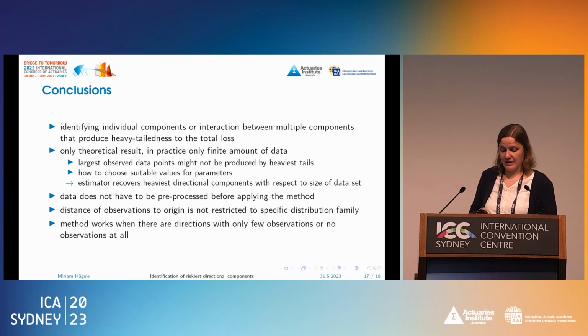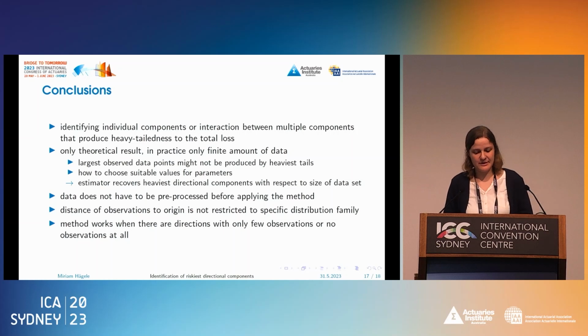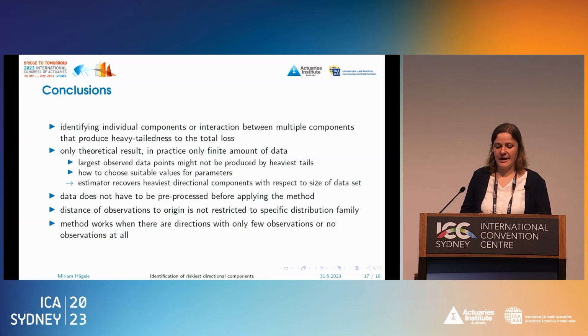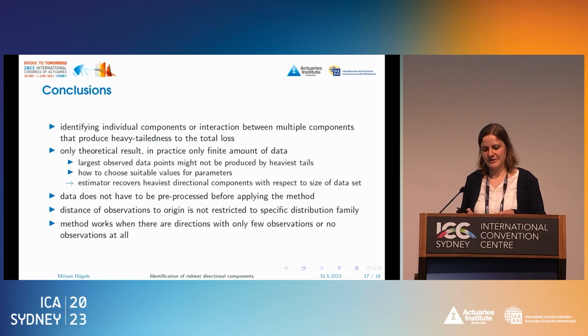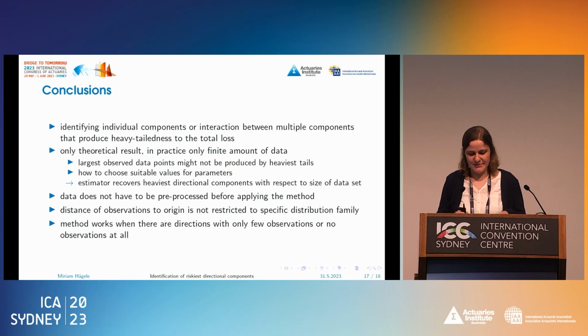But there are also a few nice things about this method. The data does not have to be pre-processed before applying the method. Also the distance of the observations to the origin is not restricted to a specific distribution family. There is a lot of literature about multivariate regular variation, but we don't have to make these assumptions.